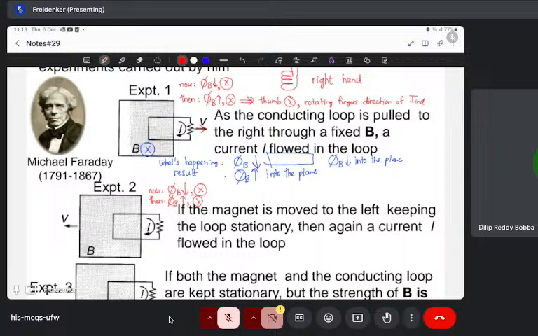Finally, what you want is both of them canceling each other. So if flux is decreasing into the plane, the opposite effect is flux increasing in the same direction. That would mean my thumb will be pointing into the plane, and my fingers will be rotating in the clockwise direction. That's why I is also in the clockwise direction.